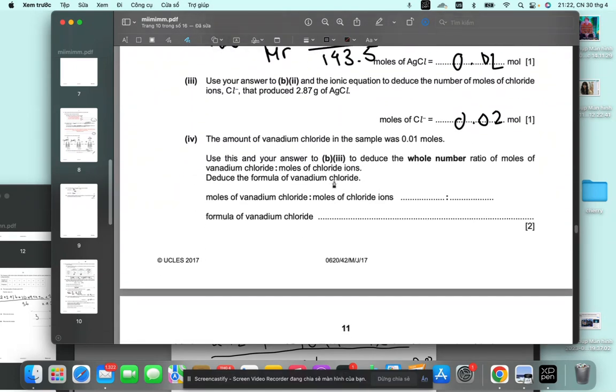The amount of vanadium chloride in the sample was 0.01 mole. Deduce the whole number ratio of moles of vanadium chloride to amount of chloride ions. Deduce the formula of vanadium chloride. So we have 0.01 and 0.02.